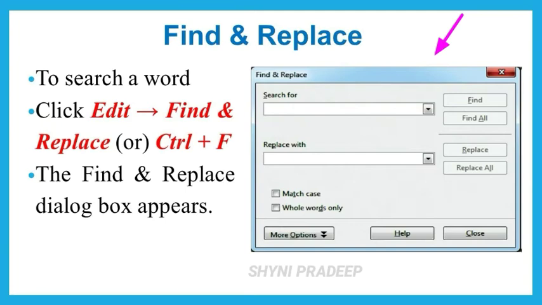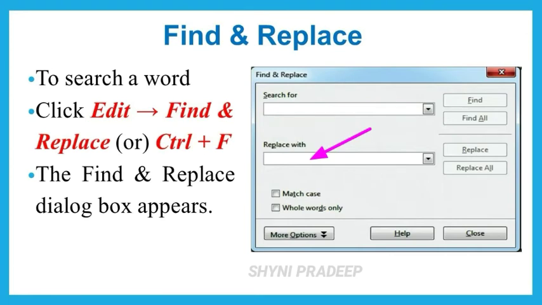In this dialog box, type the text that you want to find in the search for box. For example, if you want to replace the word Bombay with the new name Mumbai, first you have to write the Bombay in the search for box. In the replace with text box, you have to type the new text, which means Mumbai.